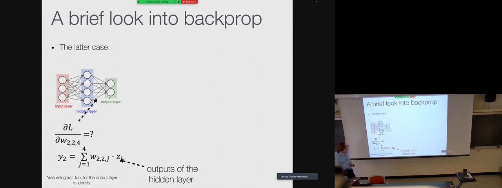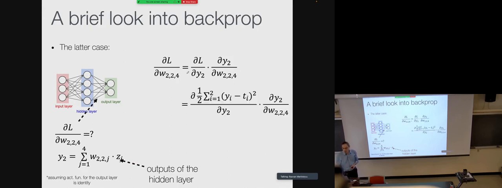So Y2 would be this neuron here, with weights coming into it times all these hidden units. So we sum over all the possible hidden inputs that can come to that. These ZJs are all these hidden layers.